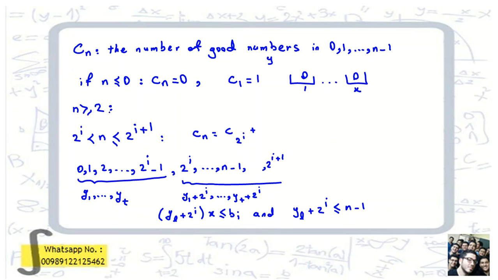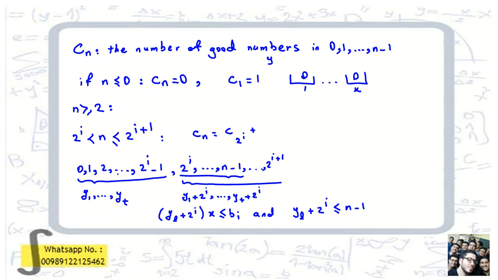Now for n greater than or equal to 2, suppose that n is between 2^i and 2^(i+1). We want to find a recursive sequence for C_n. So we should consider 0 to n minus 1 here. Now we divide into two parts, 0 to 2^i minus 1 and 2^i to n minus 1. We want to count until here.